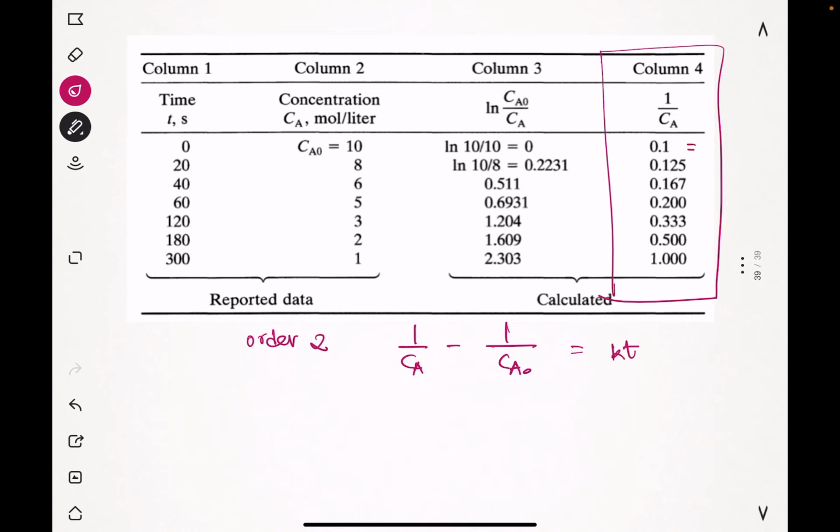So this is basically 1 over CA minus 1 over CA naught. We can plot the whole thing versus t, or we can plot 1 over CA versus t. Both are okay. If we plot the entire thing on the left hand side, then it should be a straight line passing through the origin. If we plot only 1 over CA, then the intercept should be equal to 1 over CA naught.